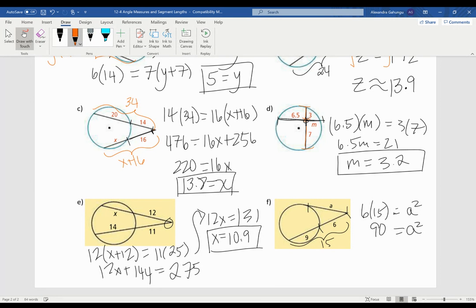We take the square root to get a. And we get about 9.5 on these, approximately. Okay, and that is part 2 for our angle measures in segments for 12-4.